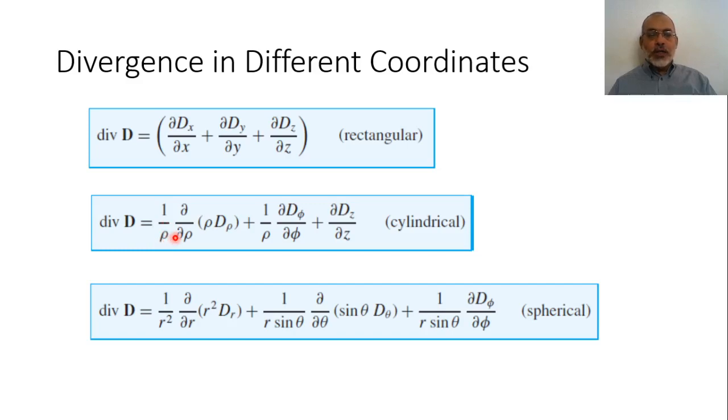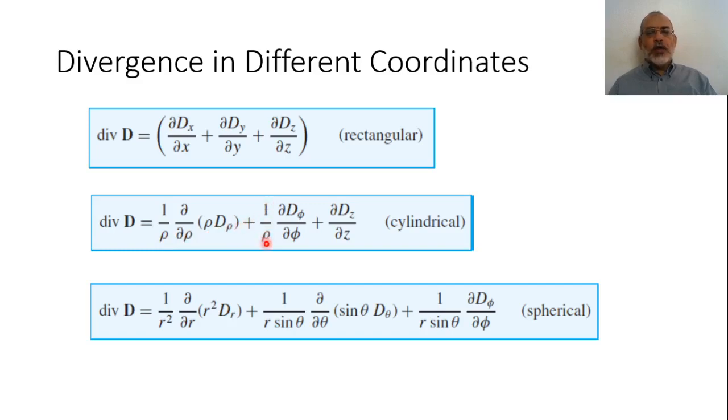No one says that we can cancel this rho with this rho. This is not right. Okay? We take the rho component of the electric flux density, D rho, at the beginning and multiply it by rho. And we take the derivative of the result with respect to rho, and after taking the derivative, we divide it by rho.